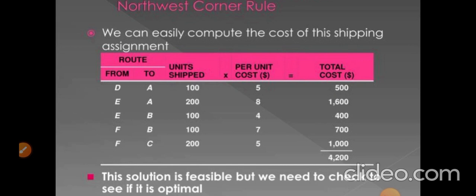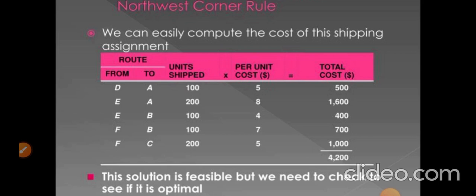Per unit cost is the number given in each cell. So multiply the units shipped with the per unit cost. The first route is from A to D. The units shipped is 100 and per unit cost is 5. So 100 into 5 is 500.